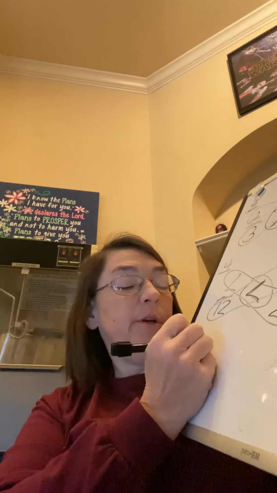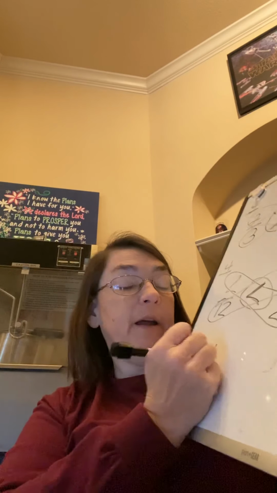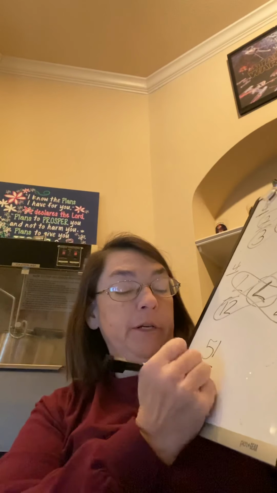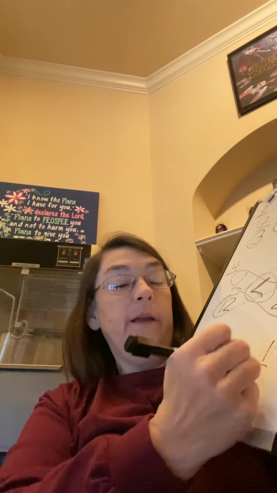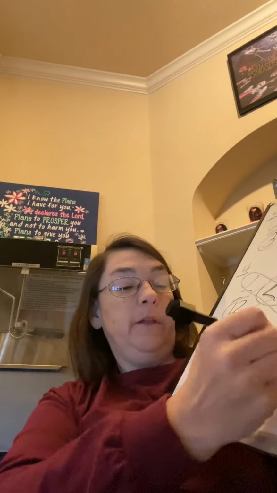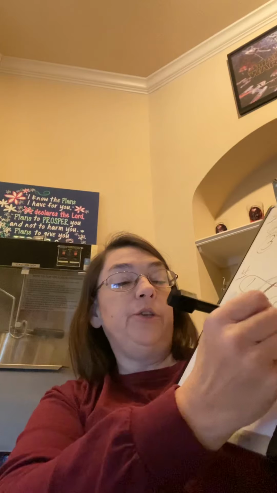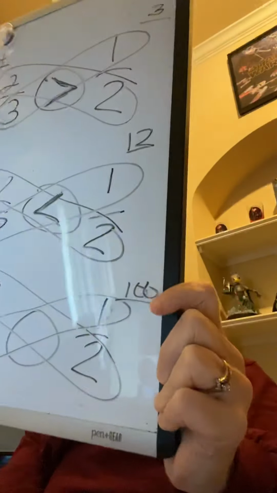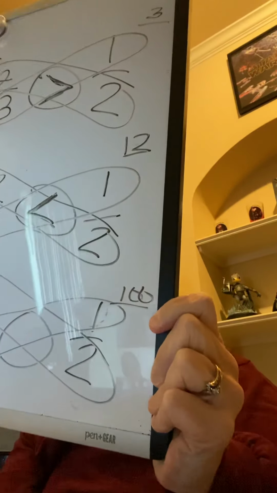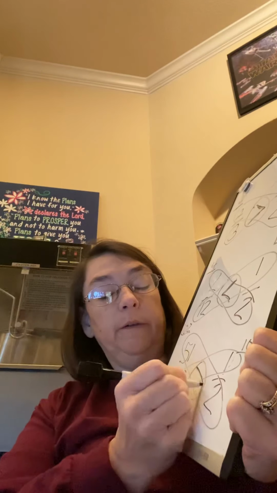And then the last one on number 5 is 51/100 and 1/2. Again, butterfly. This would equal 102. This equals 100. Which one is smaller? 1/2 is smaller.